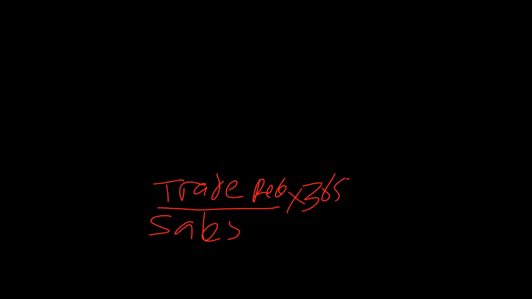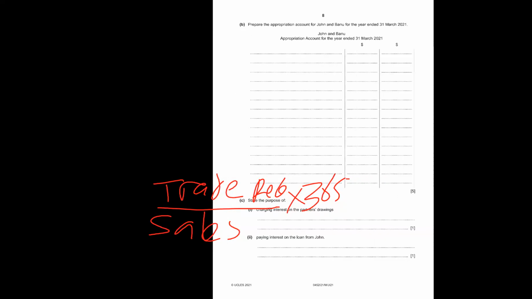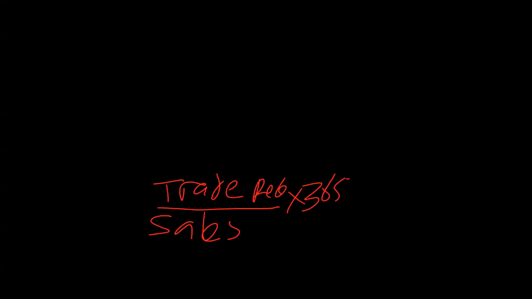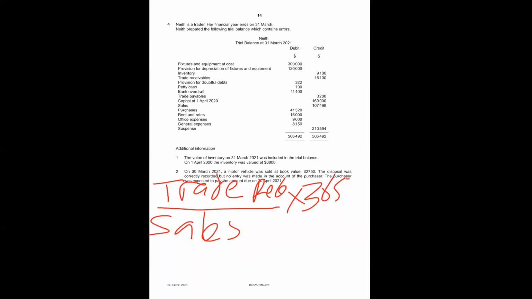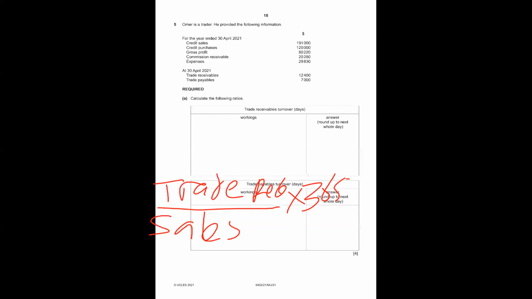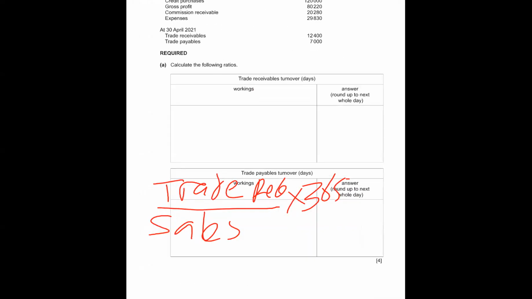When we are substituting, we get the value of the trade receivables that we have been given in the question, which is equal to what?